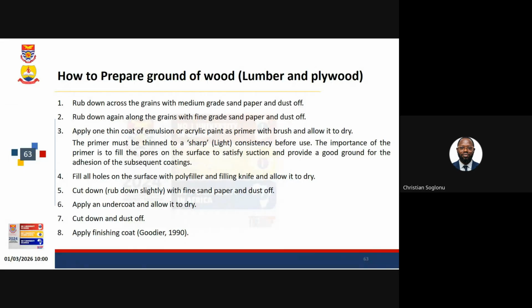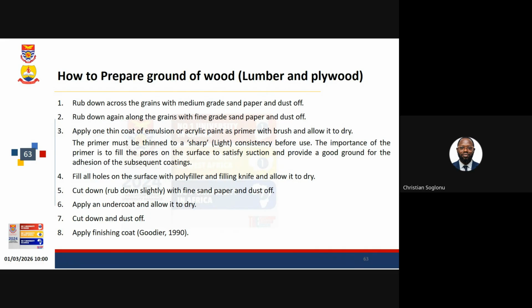So the first point, we are saying that rub down across the grain with medium grade sandpaper and dust off. So you will sand. Imagine you have a wood, it can be plywood, any type of wood that you have at hand. First of all, sand the surface of the plywood, and it should go along the grain.